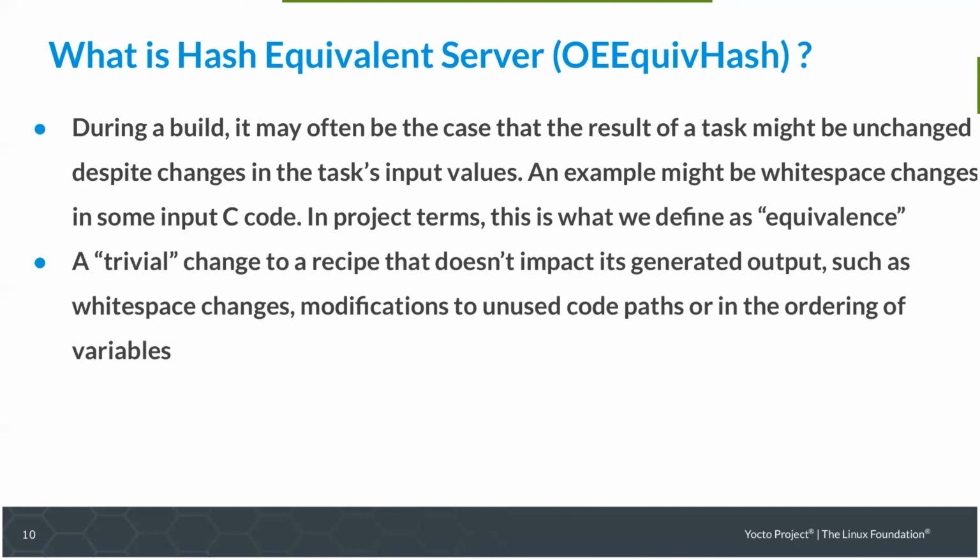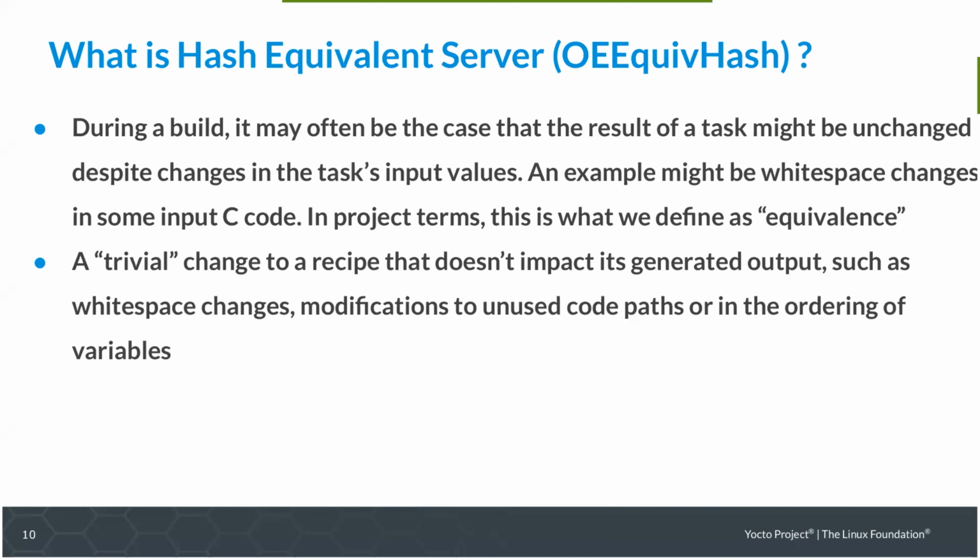And the hash equivalence server has a similar purpose, but it treats another aspect of the caching mechanism. To give an example, when you have a recipe, or you're working on a C code project, and maybe you make a change where you delete a white space in your C code.